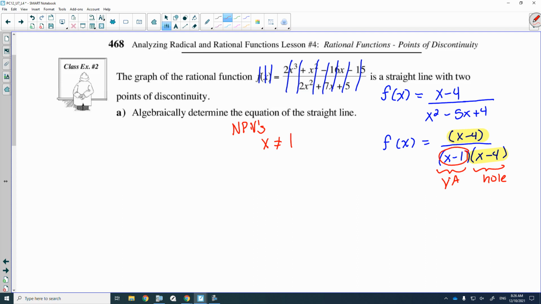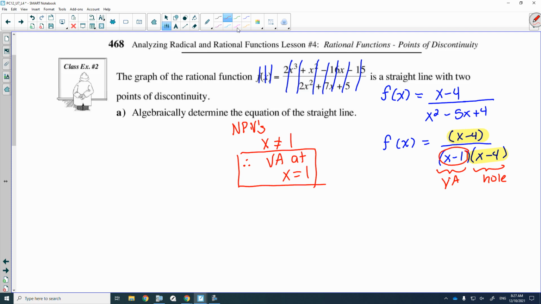So this graph is going to have one of each. So x cannot be equal to 1. Therefore, there's going to be a VA at x is equal to 1. Okay, so that's one of my discontinuities, a vertical asymptote.